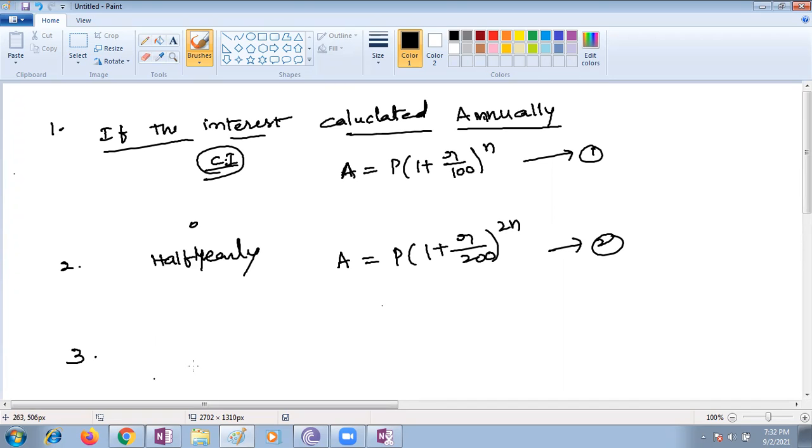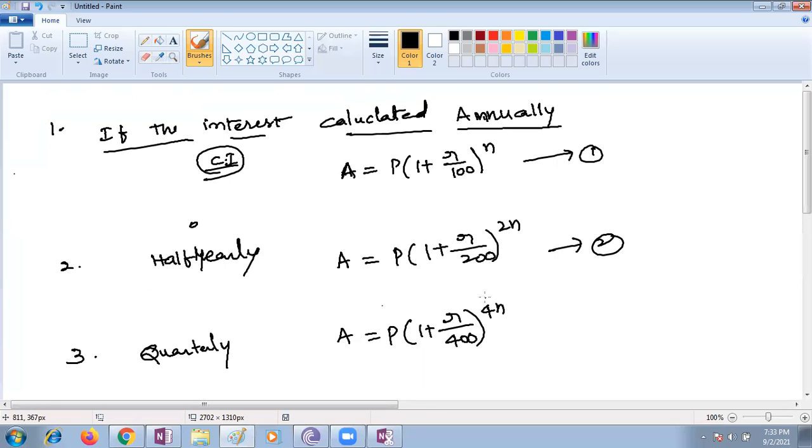Now, if the interest is calculated quarterly, amount is nothing but P into, quarter means how many quarters you will get in a year, children? 4. That's why R by 400 whole to the power 4n.